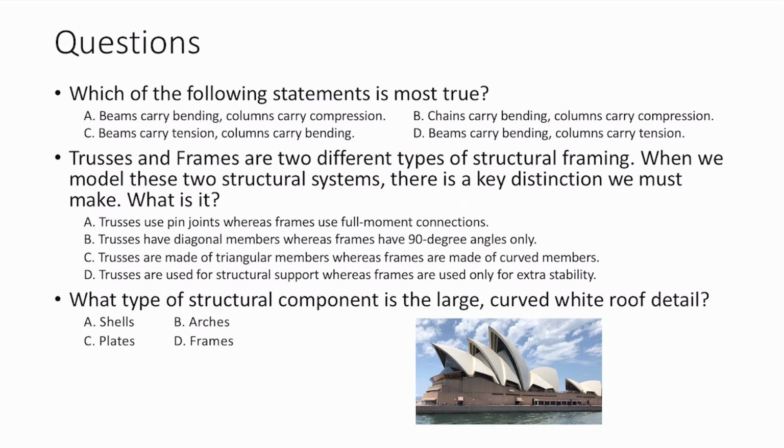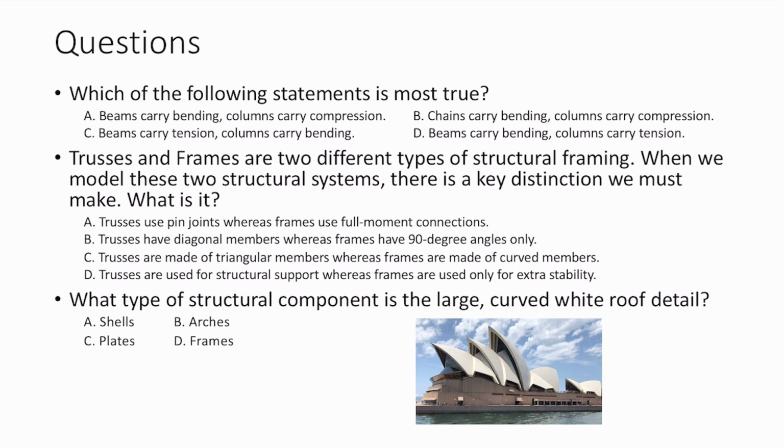B. Trusses have diagonal members, whereas frames have 90-degree angles only. C. Trusses are made of triangular members, whereas frames are made of curved members. D. Trusses are used for structural support, whereas frames are used only for extra stability.